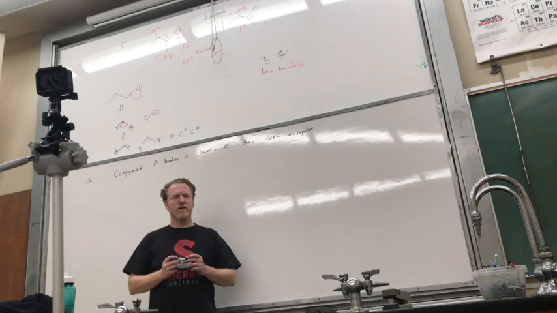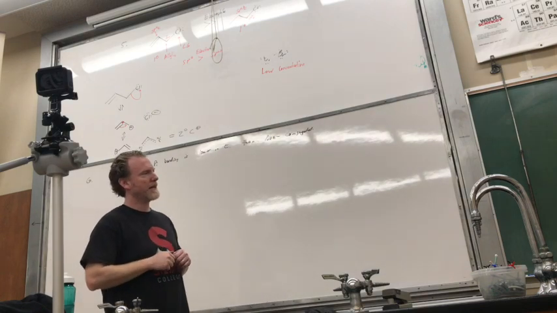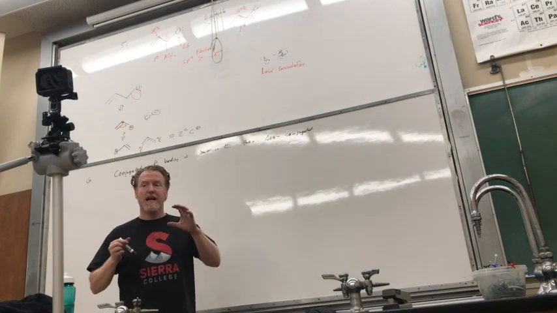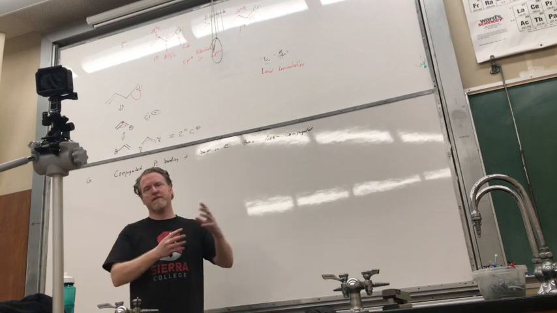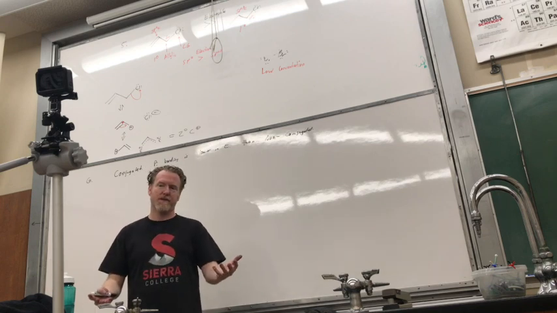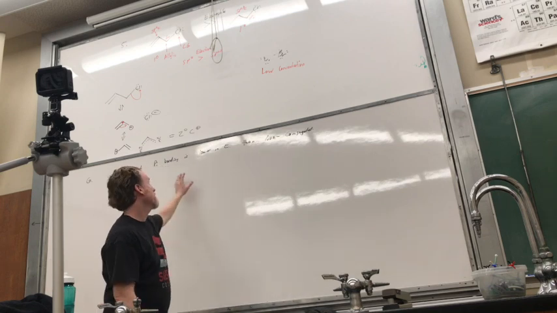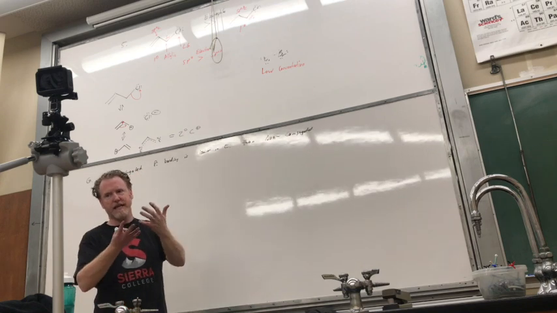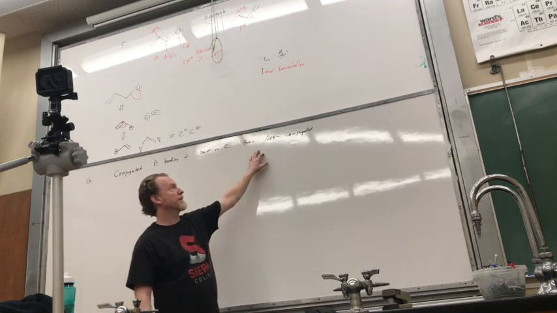It kind of goes along with what you've been seeing. You've been seeing a lot of cases where you have a base, and if it has resonance to stabilize, it spreads out its negative charge, it stabilizes it, right? So when you have pi bonds in conjugation, they can resonate, and they're lower in energy than when they can't.